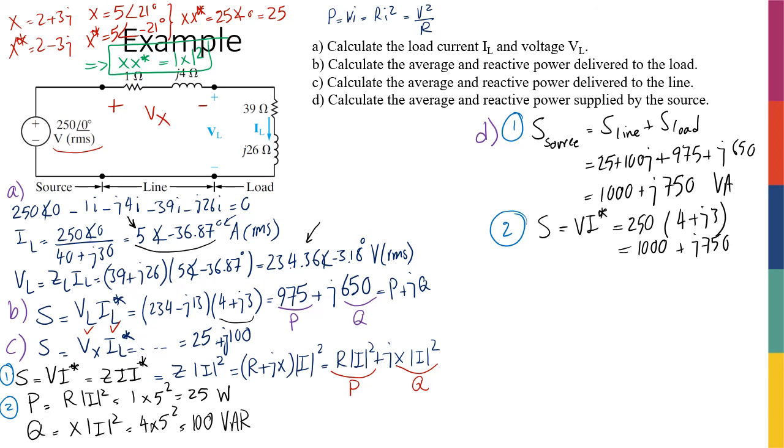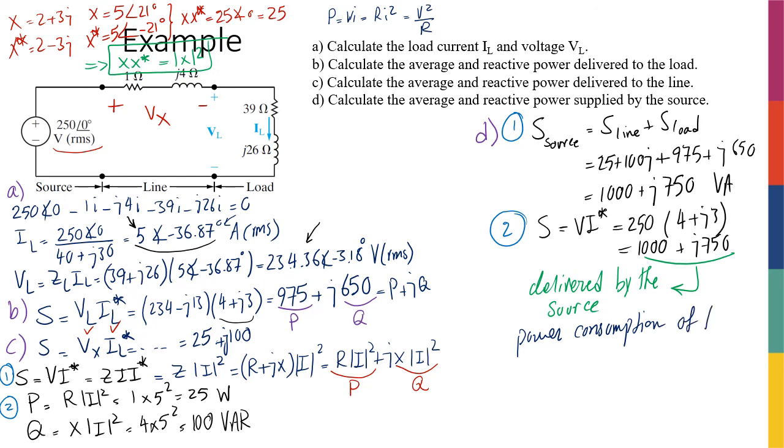Remember that this is the power delivered by the source. Let me actually write it. If we talk about the power consumption of the source, that would be negative V I complex conjugate, so it would have been negative 1000 minus j750.